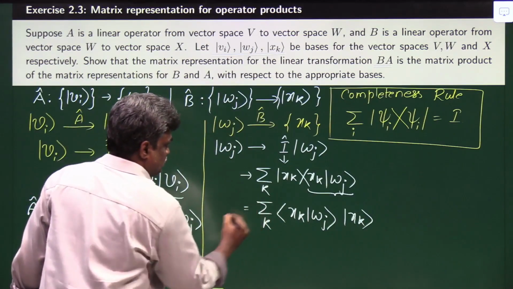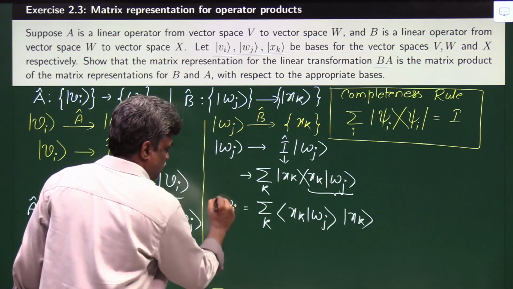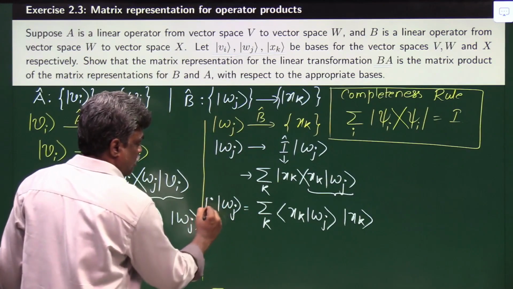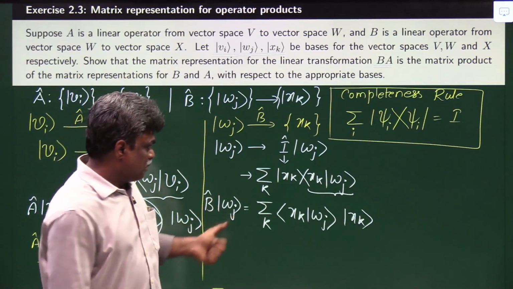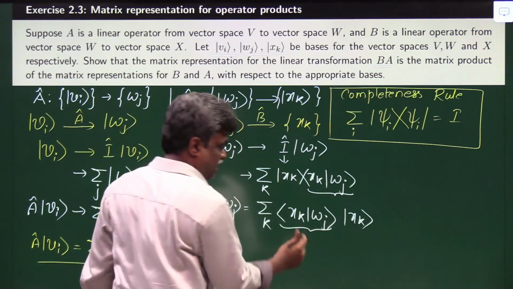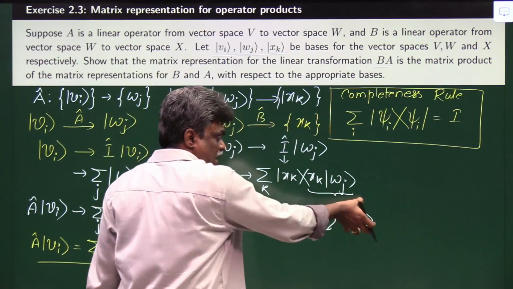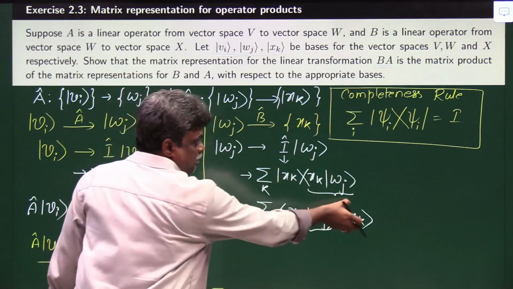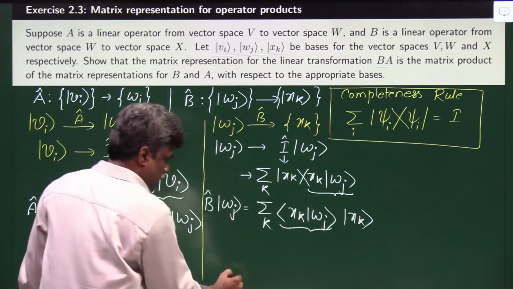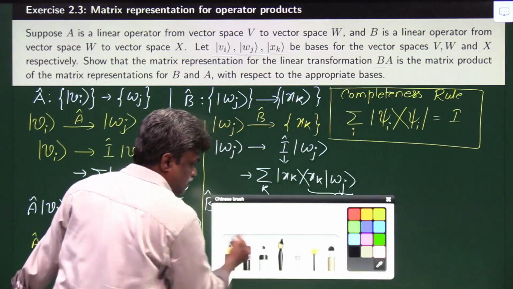Again we got, so this Wj is operated on by this B. So B operates on Wj, we get some inner product constant. It's a linear combination of the output basis. So I think we can write this as a matrix element.